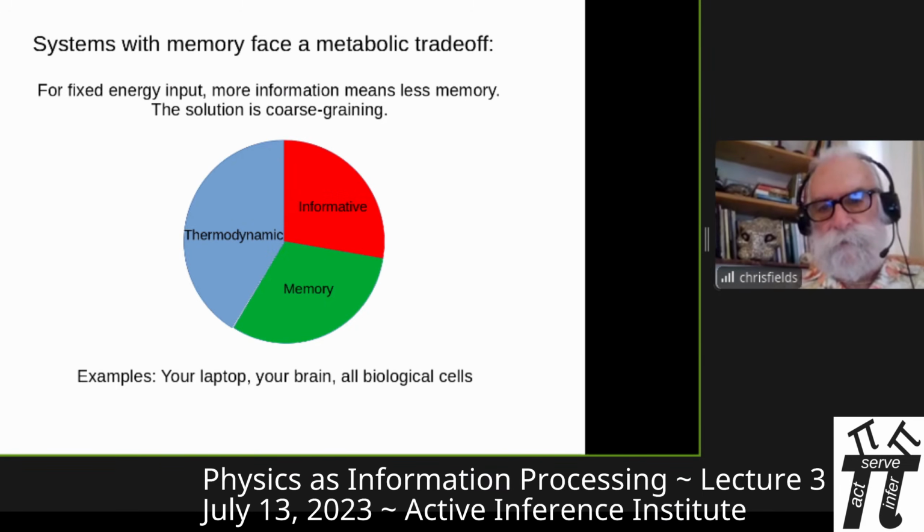Are they going to devote it to learning more or remembering more? And your laptop makes that decision. Memory is cheap for your laptop. Your brain makes that decision. Memory is much more expensive for your brain. And all cells have to make that decision. And the universal solution to this trade-off is coarse-graining memory, i.e. remembering things in less detail than you saw them in the beginning.